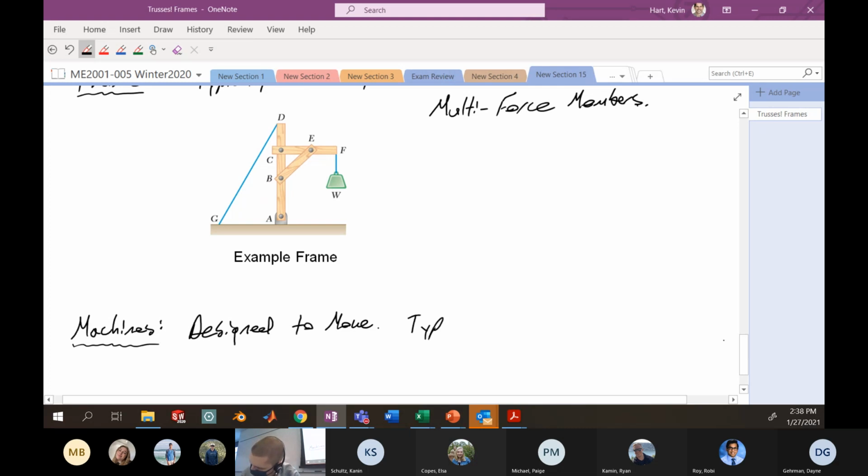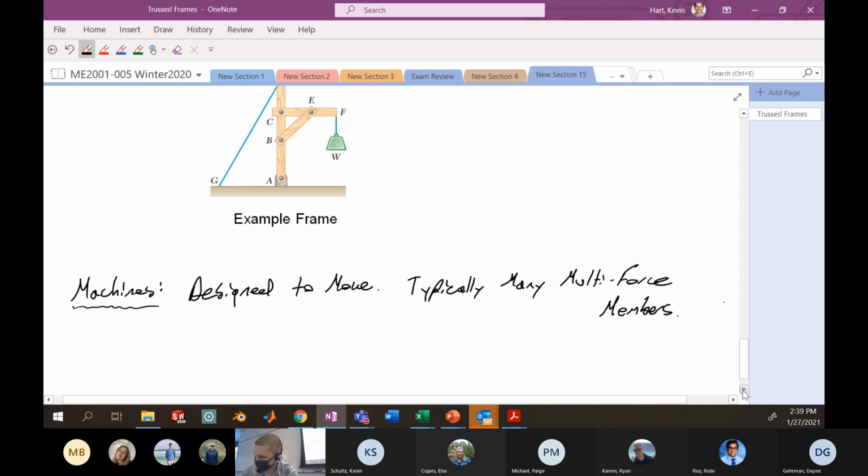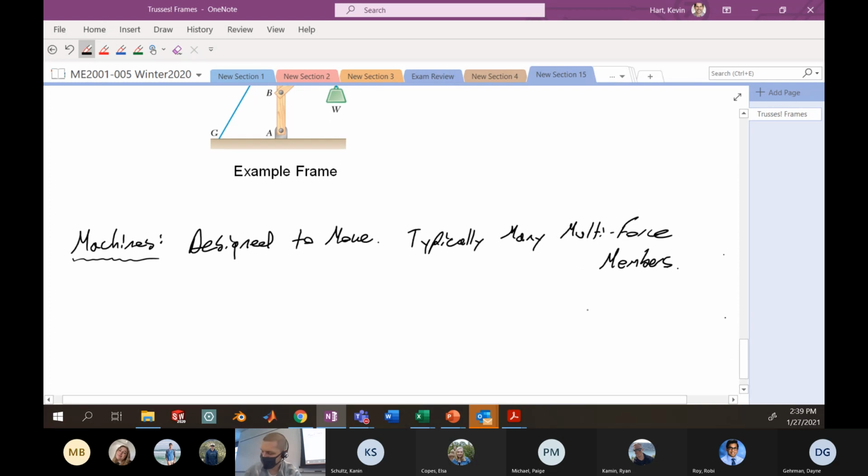Typically, many multi-force members. All right. Basically, any tool that you could think of is probably a good example of a machine. All right. I have a simple example of a set of pliers here as my example machine.